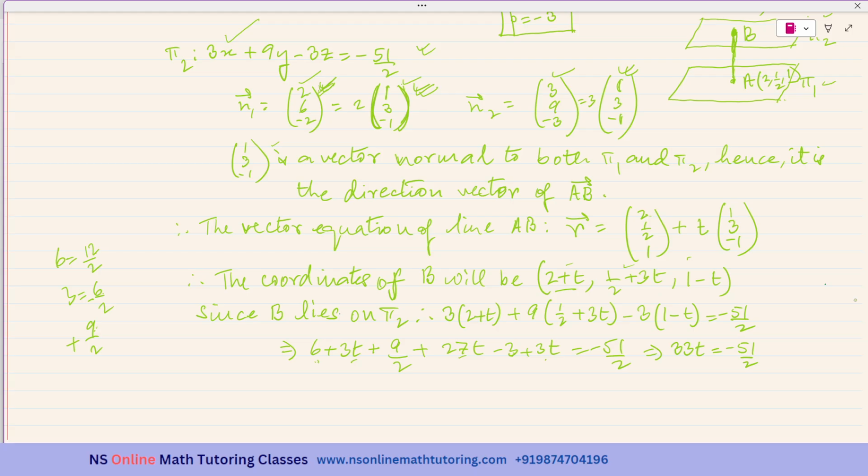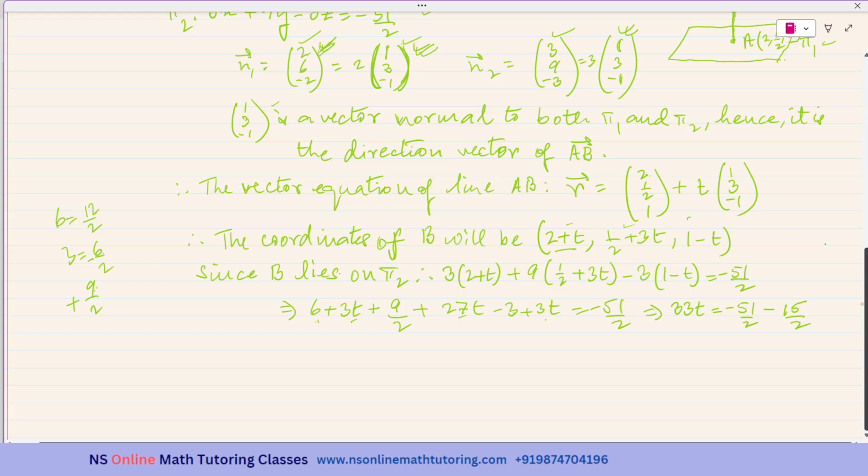So it is plus 15/2. When taken to the other side, it is negative 15/2. So this is 33t equal to negative 66/2, which is equal to negative 33, implies t equal to negative 1.